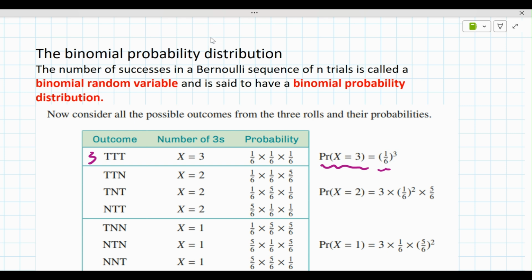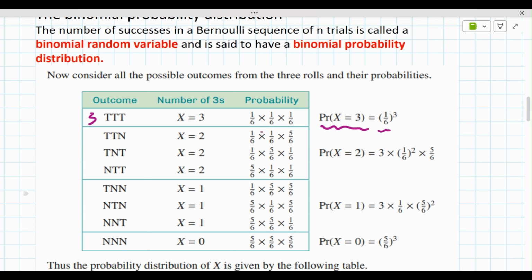This is the outcome for success for 2 threes. But the other one is 5/6. Why 5/6? Because you failed to roll a 3, which is 1 minus 1/6, so that was 5/6.